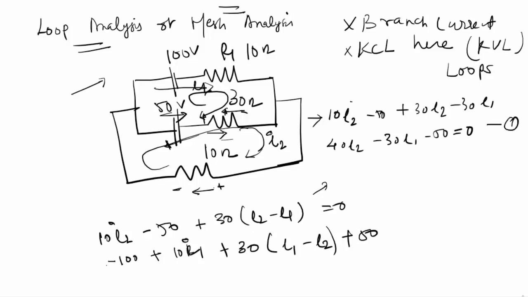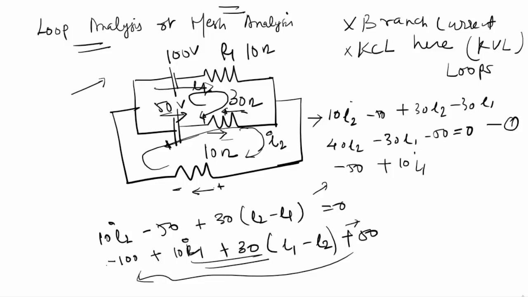I'm simplifying the other one as well: minus 50, and plus 10 I1, and both will add together, so it becomes 40 I1 minus 30 I2 equal to 0. This becomes the second equation.